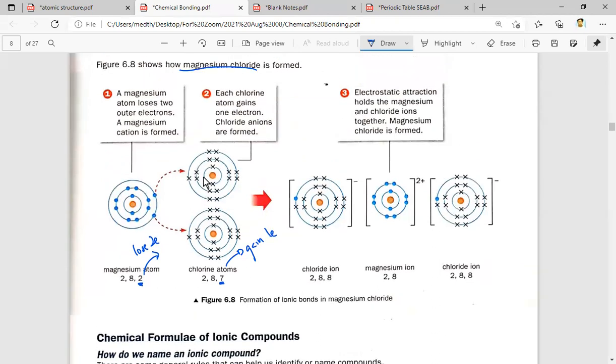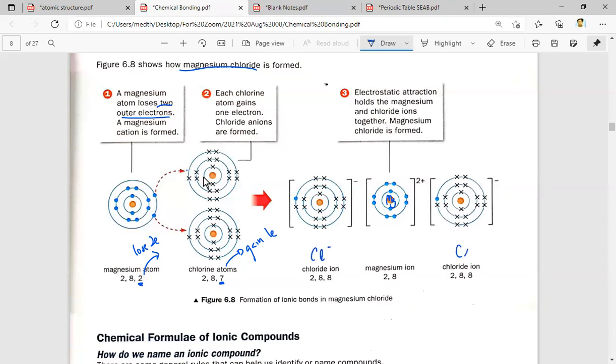Because each chlorine can only gain 1, but my magnesium is going to lose 2, I need to compensate with 1 more chlorine atom. So 2 chlorine atoms actually react with 1 magnesium atom. So in the process, the magnesium loses 2 outer electrons, and I form Mg2+. The 2 chlorine atoms each gain 1. Hence, I get my chloride ion.